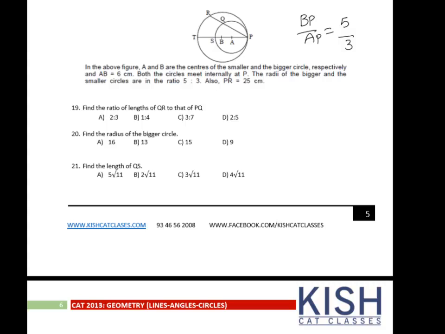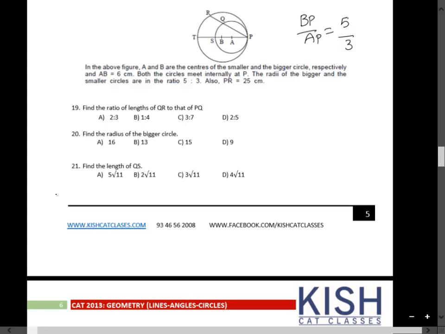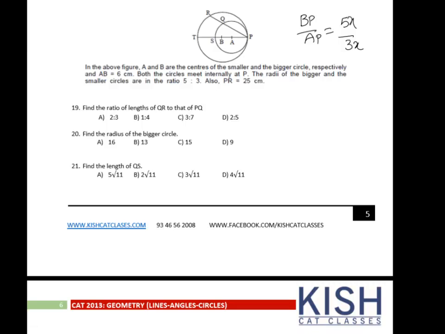BP minus AP is equal to 6 centimeters. BP and AP are in the ratio 5:3. You can say 5x is to 3x. Now I know BA. So that is 5x minus 3x is equal to 6, that is 2x is equal to 6, x equals 3.